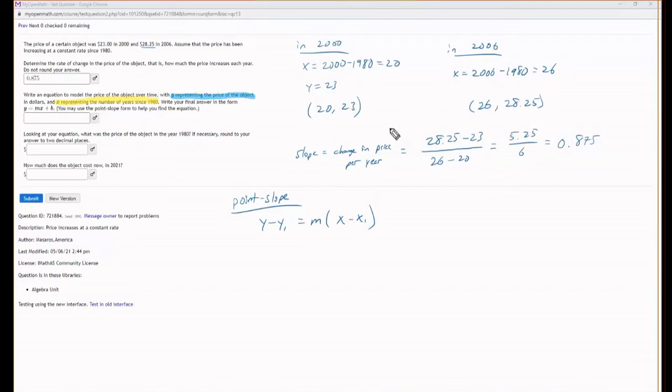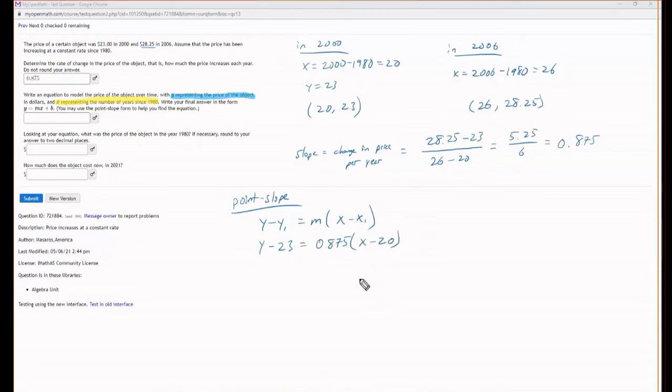What's more important to me, if one of them is whole numbers and the other one is not, I would say definitely go with the whole numbers. Now, it's not going to matter a whole lot because your slope has a decimal in it, but, just thinking reasonably, keep things easy on yourself. Okay, so y minus 23 equals 0.875 times x minus 20.